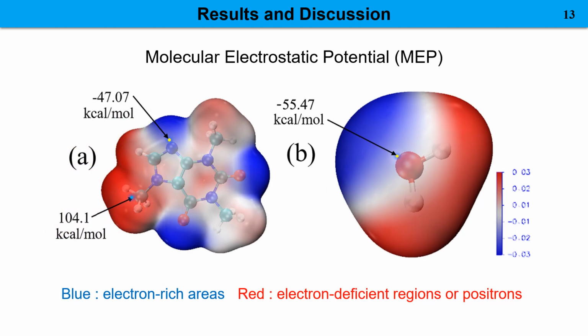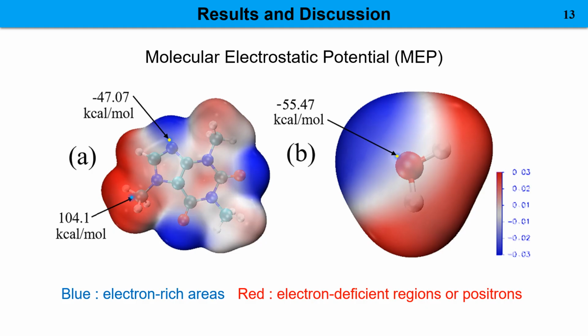The molecular electrostatic potential provides a glimpse of the interaction active sites within a molecule, which provides information about the potential interactions between molecules. Here is the fully optimized molecular electrostatic potential of caffeine and water. When two molecules are in proximity to each other, long-distance electrostatic interactions play a significant role.